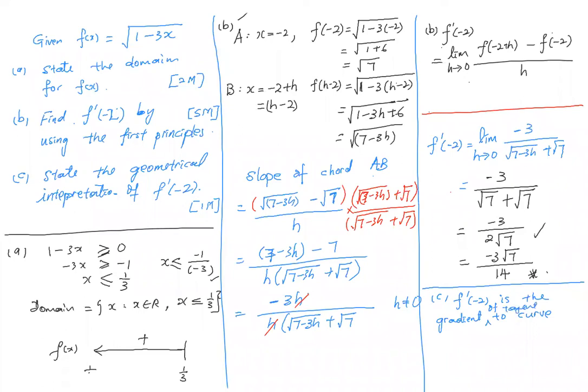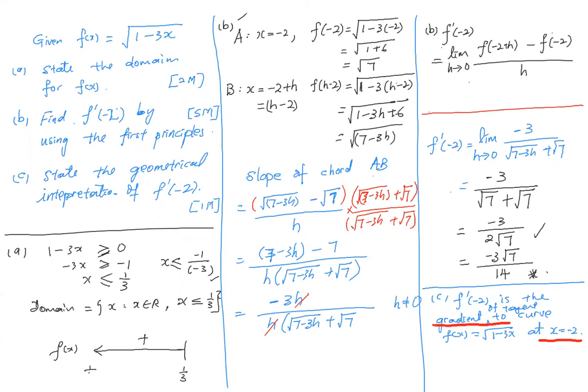To the curve f(x) equal to square root of 1 minus 3x at x equal to negative 2. For geometrical interpretation, the answer must be this. And you must tell me where. If not, 1 mark will not be given. Are you okay? If I say just interpret, then you can do whatever you want. Okay. So there will be one question on that.